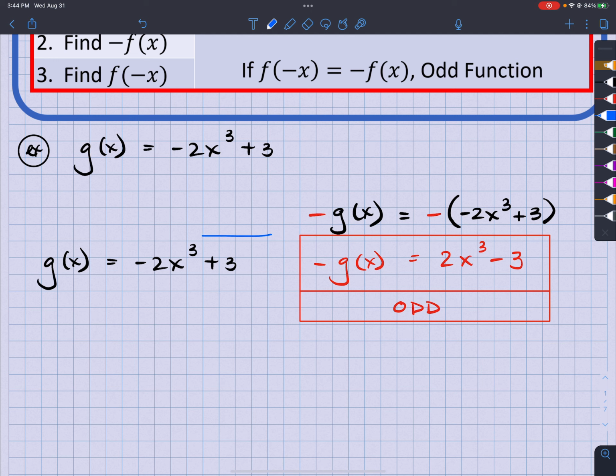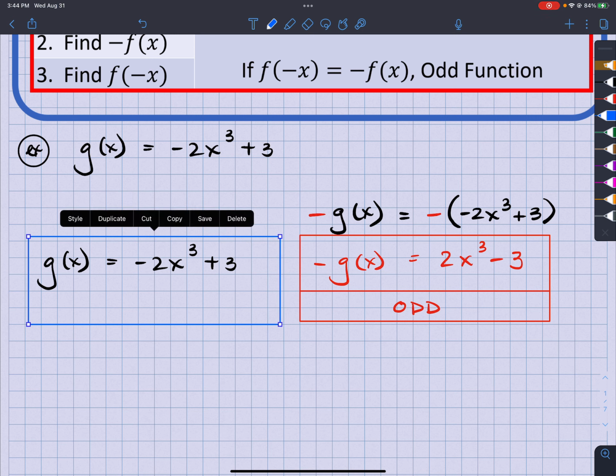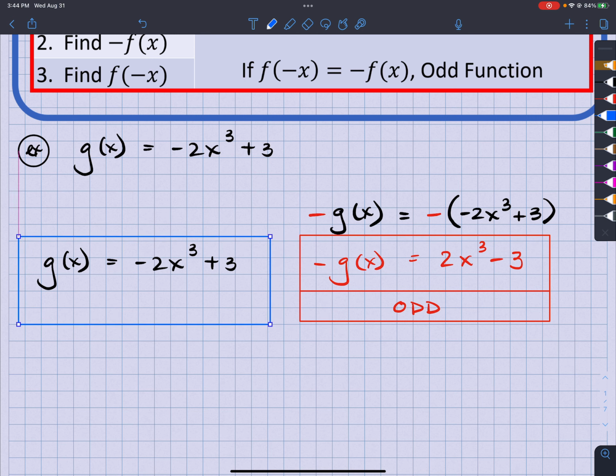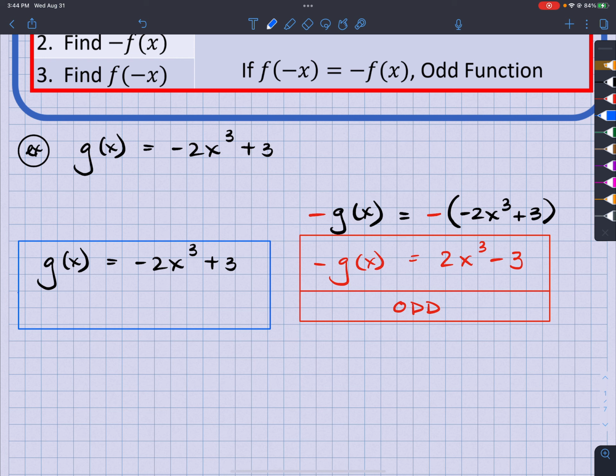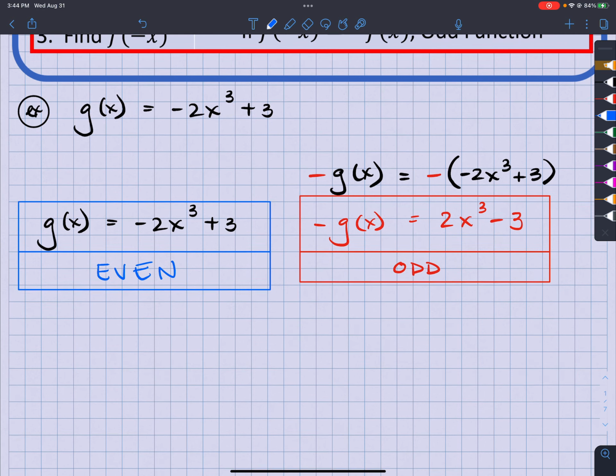And if we plug in the negative x for x, and it turns out it looks like the original function, then we must have an even function. All right? So let's take a look.